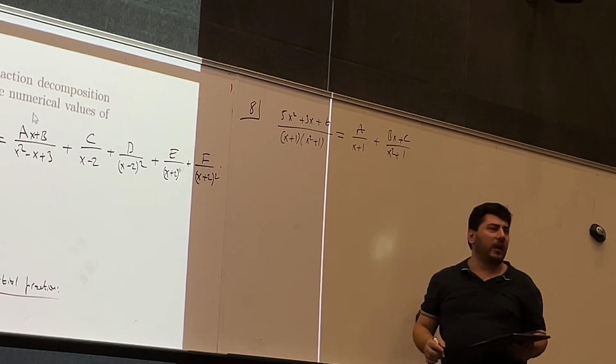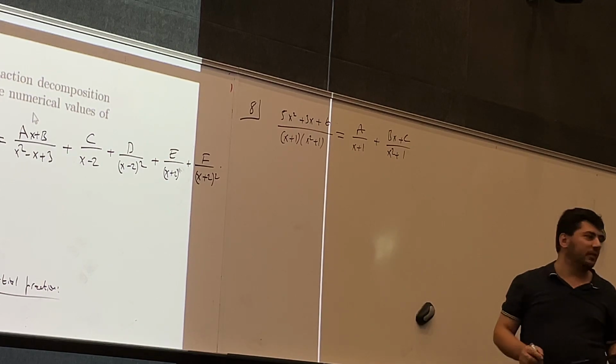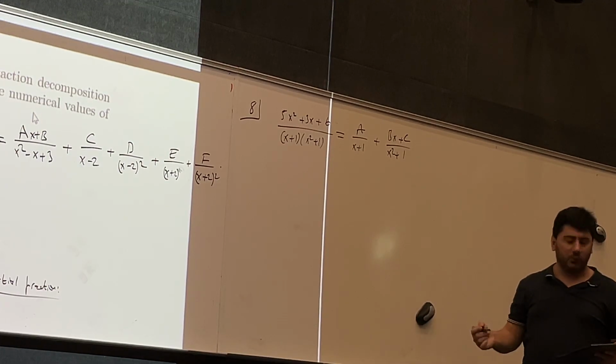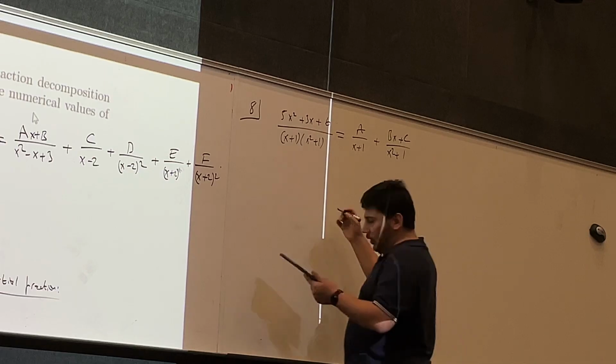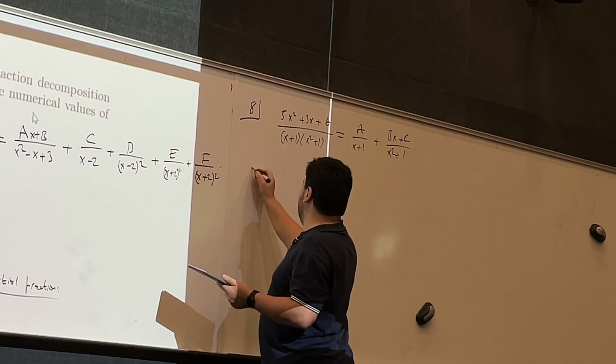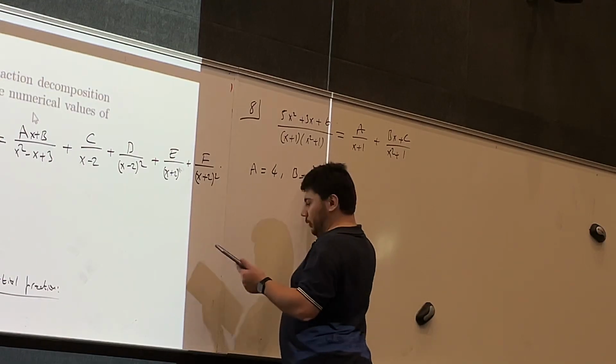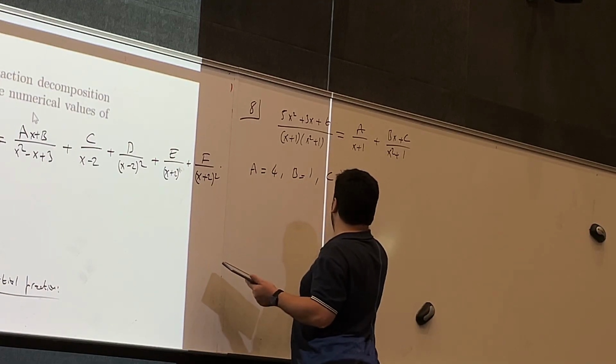How do you solve for A, B, C? You can cross multiply. You can put in a value of x and try, right? There are a few methods. It doesn't matter what you do. You will find A is equal to 4, B is equal to 1, C is equal to 7.